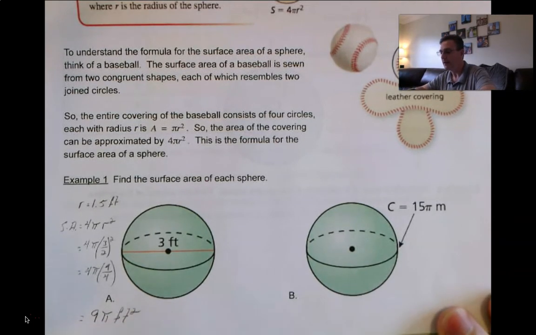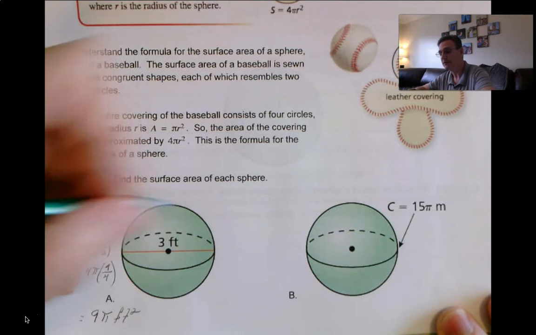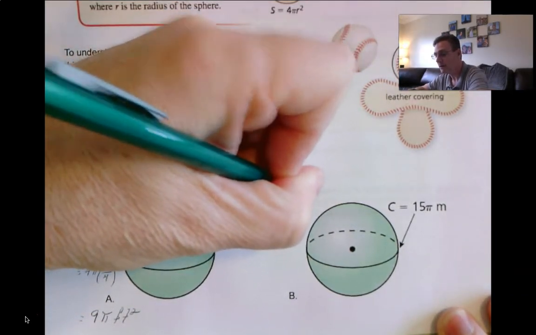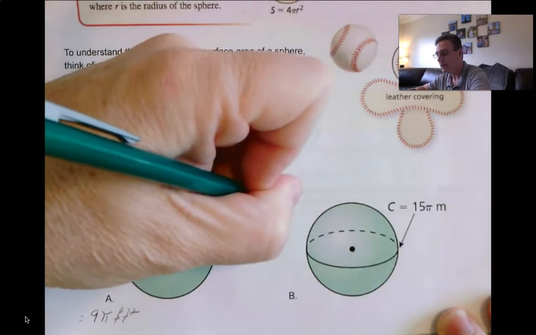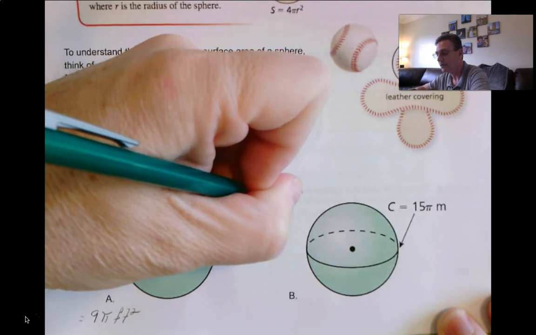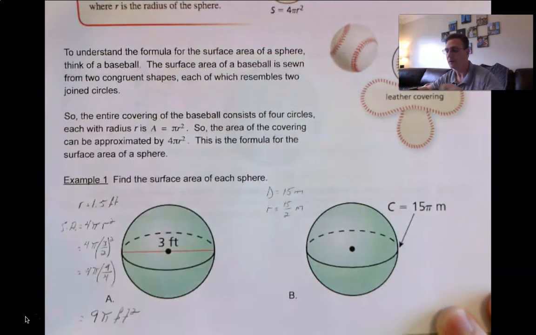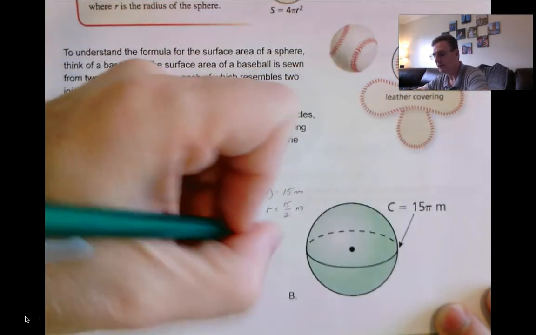Part B, I'm telling you that the circumference is 15 pi meters. So if the circumference is 15 pi meters, then the diameter is equal to 15 meters, making the radius equal to 7.5, or 15 over 2 meters. I leave it as a fraction for the same reason that I had it as a fraction over here.